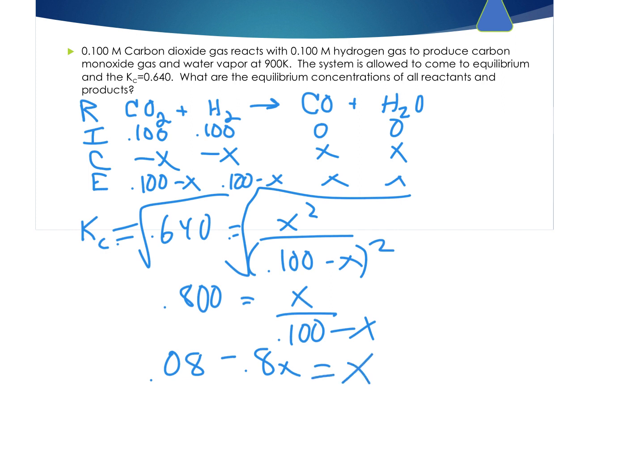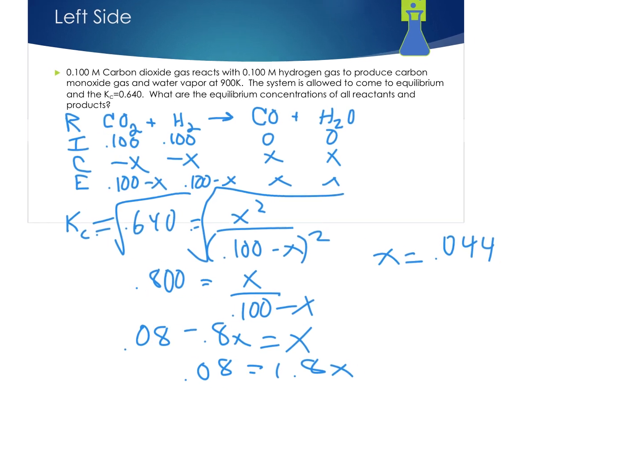Add 0.8x to both sides, so 0.08 equals 1.8x, and divide both sides by 1.8, and I get x equals 0.044.